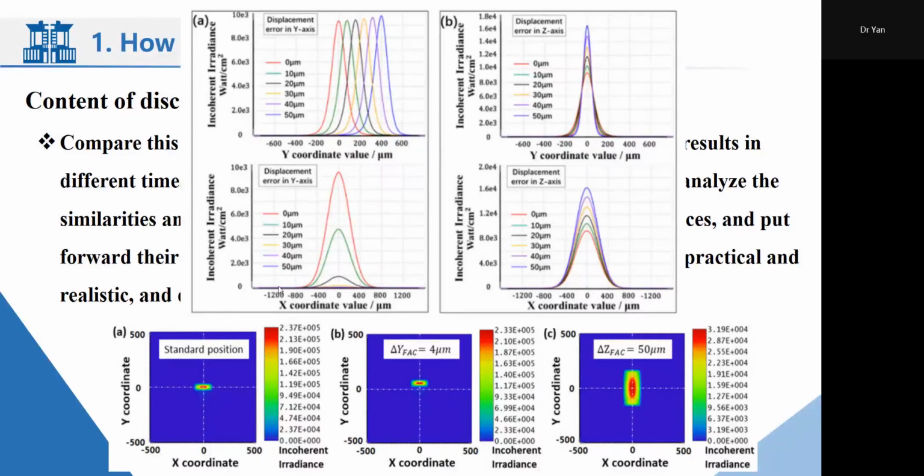When you come up with a displacement error of 4 millimeters, it will go to the right in the y coordinate and go up, which means the rules between these two figures are matched.